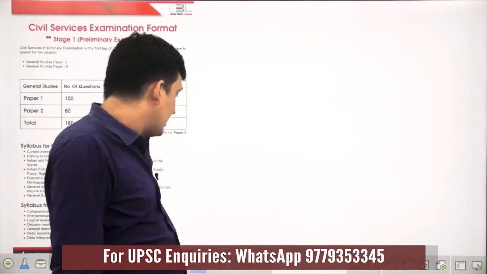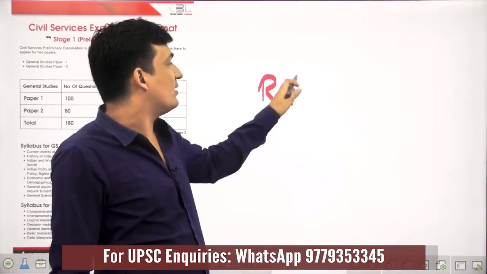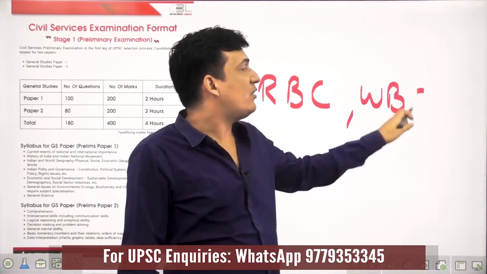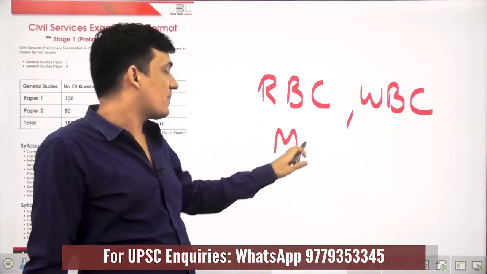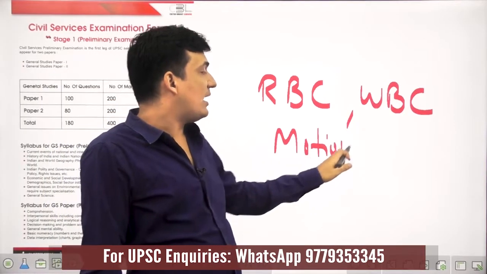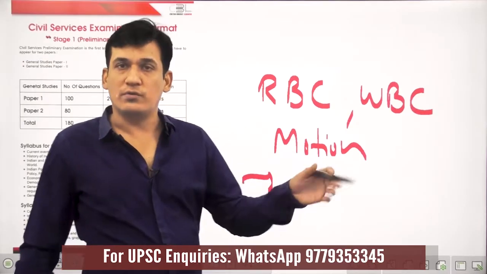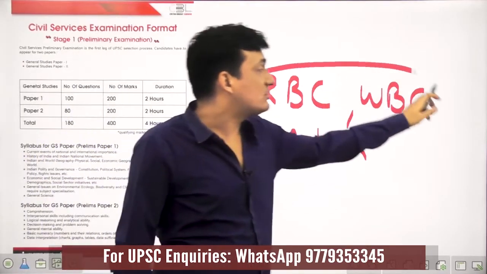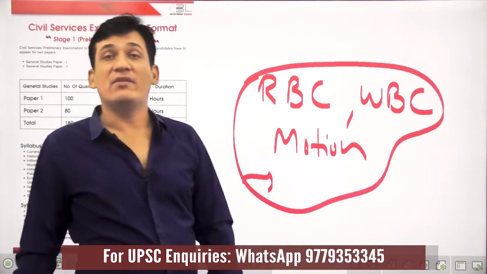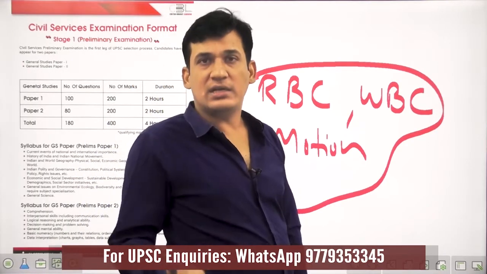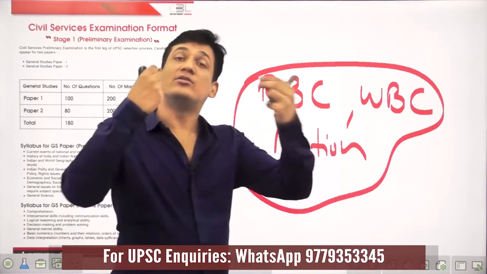Instead of asking you what is RBC, red blood cell, what is WBC, instead of asking you laws of motion in physics, instead of asking you basic chemical phenomena, they may ask you a question or two from this part too, but they ask you a question about latest scientific development, that what is augmented reality, what is artificial intelligence, and the facts related to that one.